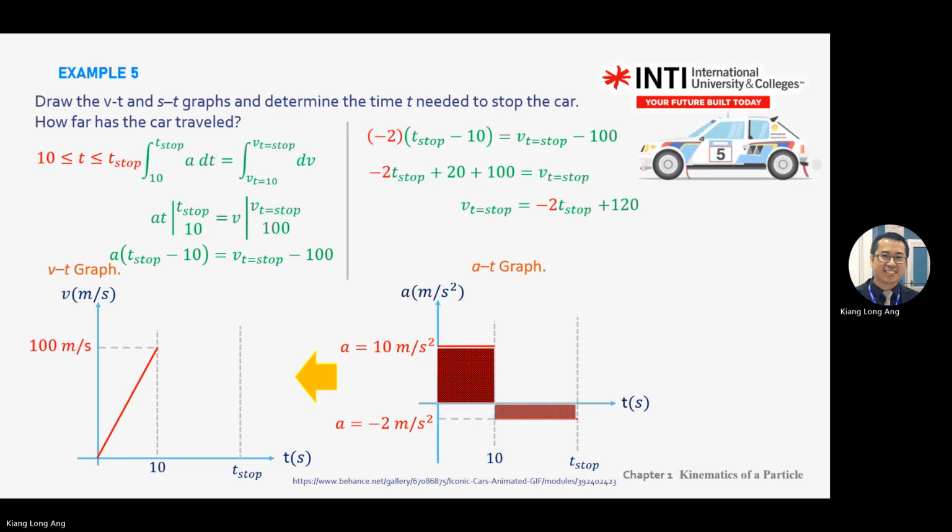It's negative. So we start from 120, but if you draw the line, it continues from here, right? So draw the line like that, and the value you'll get is 120.